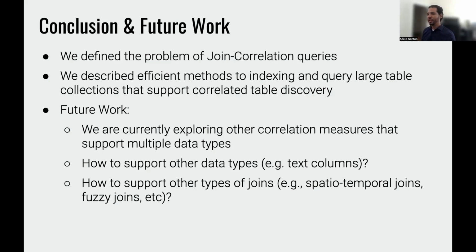We only look at joins where the keys are equal. So what if we want to do spatial joins where we want to join rows where the distance of one point is smaller than a given threshold? This is a different type of join that's typically used in other settings that could benefit from this type of approach.